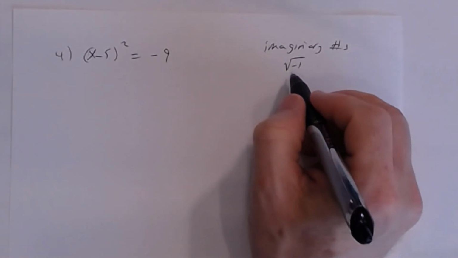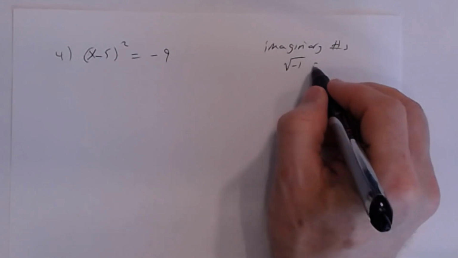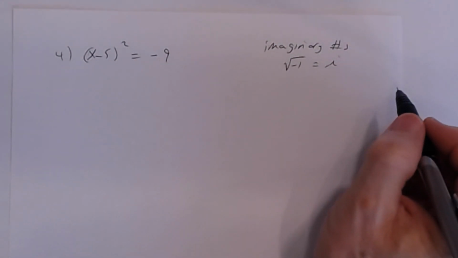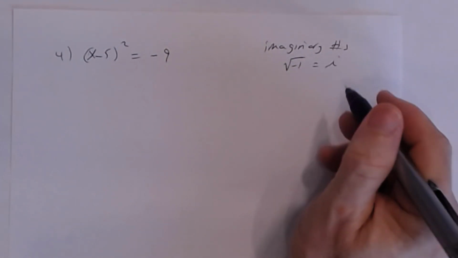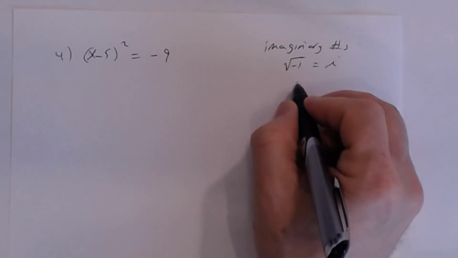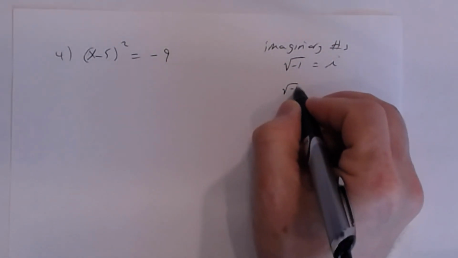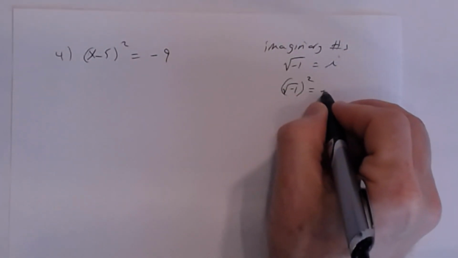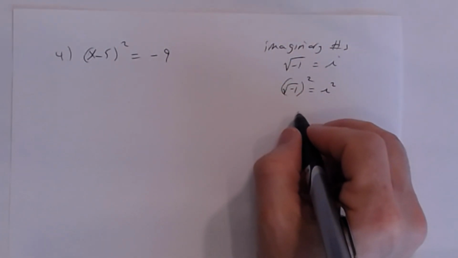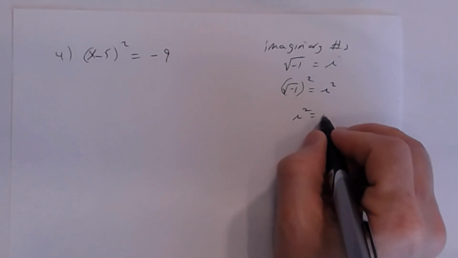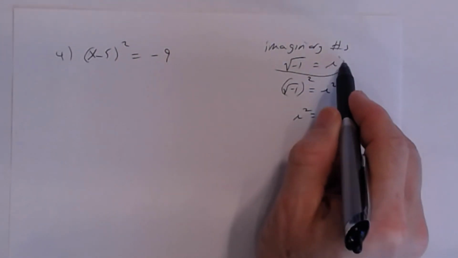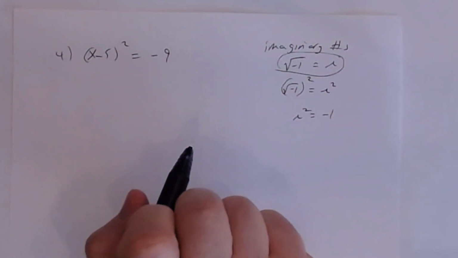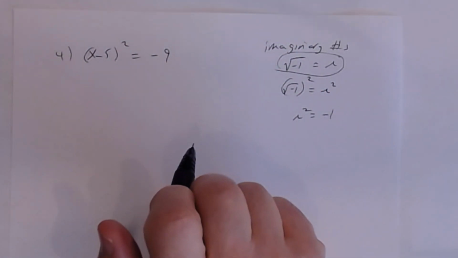We define the square root of a negative 1 as the imaginary unit i. So the square root of negative 1 is defined to be i. And if I square both sides, we also define i² to be negative 1. But for our purpose, all you have to know is that the square root of a negative 1 is defined to be i.